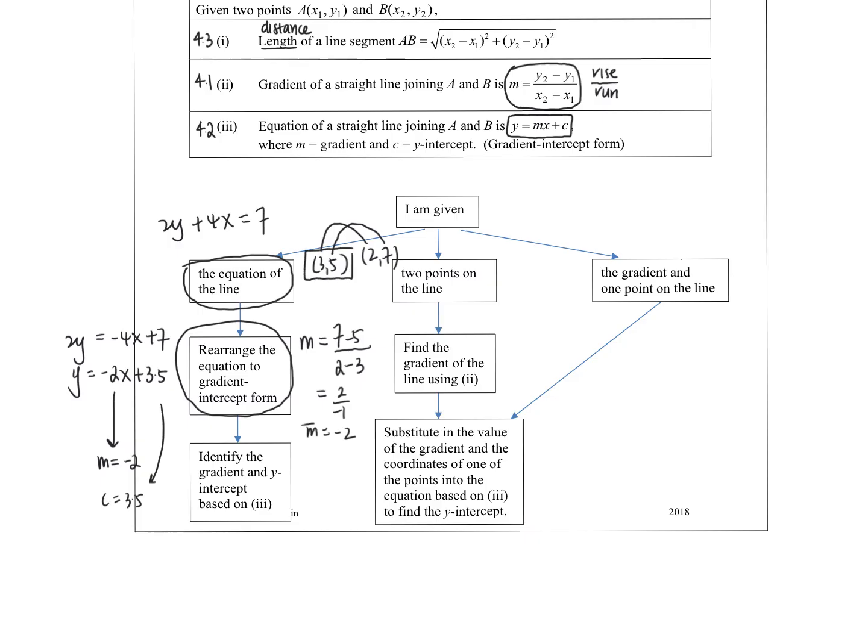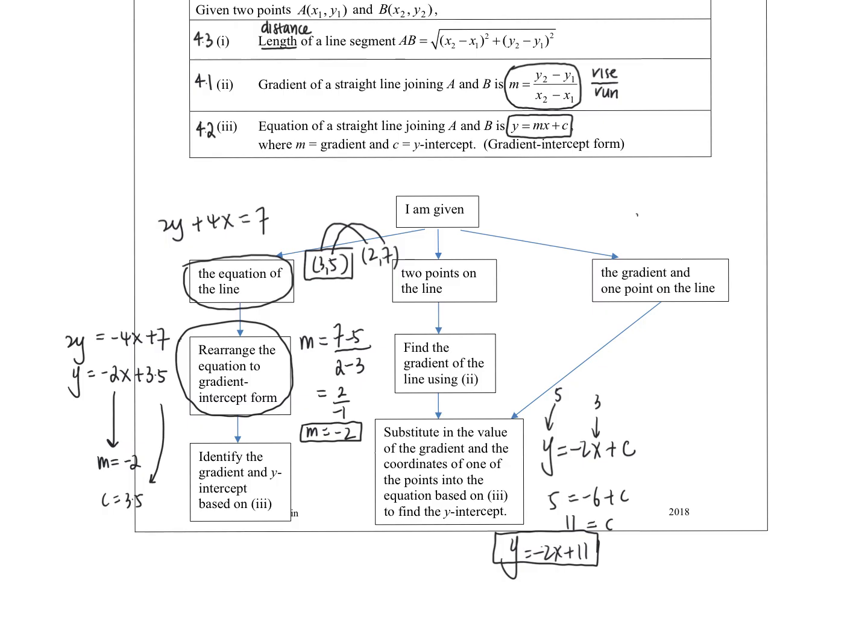Together with the gradient, I will find my equation of straight line. So y equals mx plus c. So this is 3 and this is 5. So c is 11. So with that, I can find my equation. So this is another possible question they can ask you.